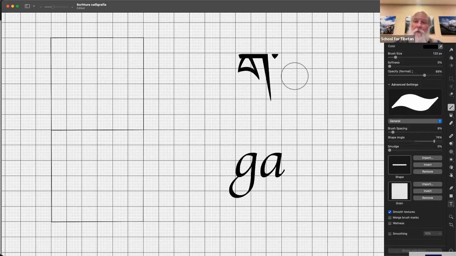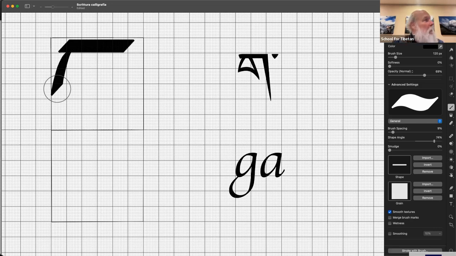Okay, now we have the third letter, ka, which starts with the usual top stroke. Then we have a little bit bending stroke. Then we have the same stroke that was, you remember, in the ka. The third stroke, like this.